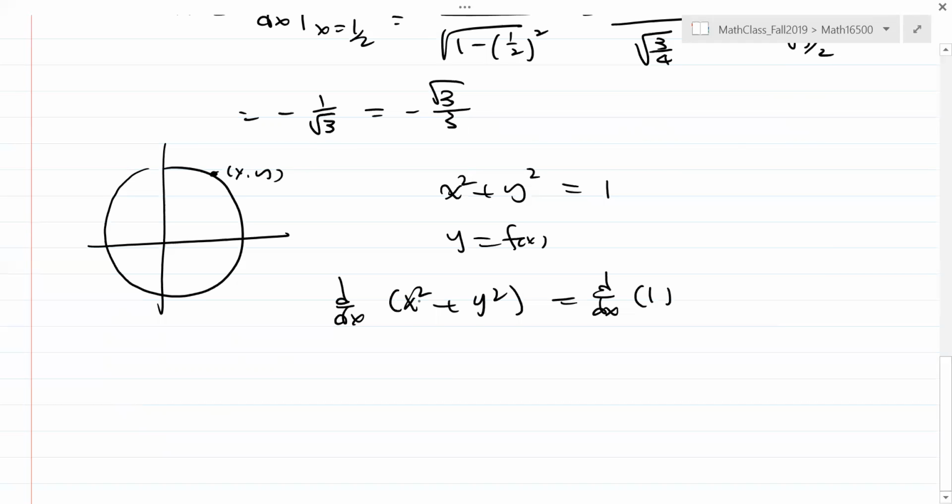Then the derivative of x squared with respect to x is 2x, right? Now the derivative of y squared with respect to x, right? So this is going to be 2y dy/dx, and here it is. So you can quickly find the derivative.